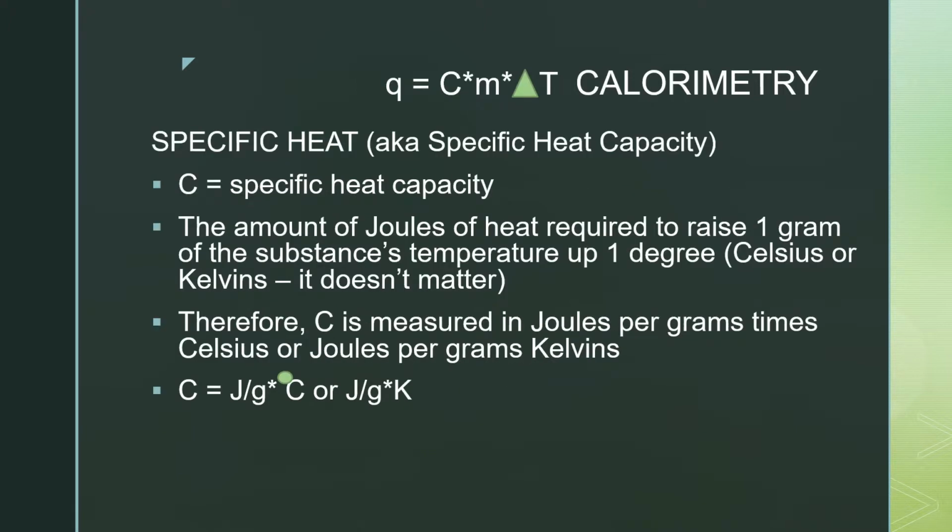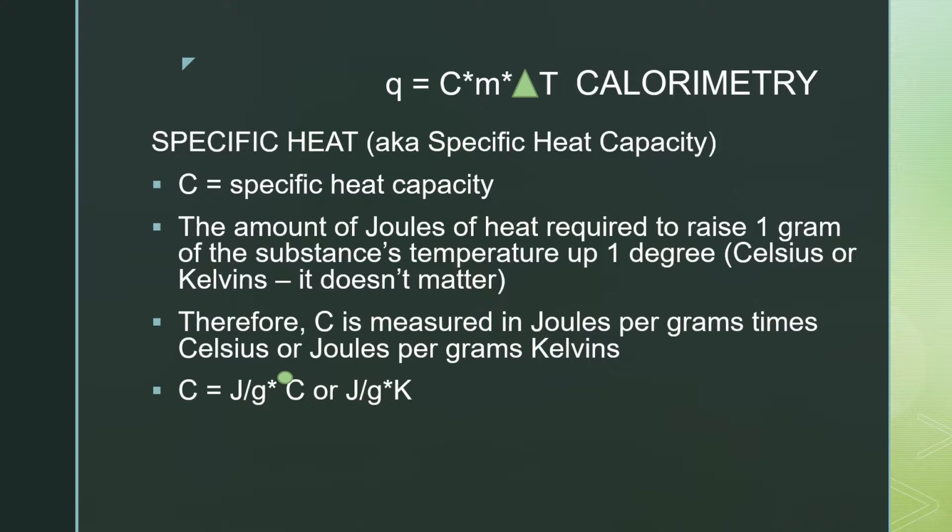Now C, capital C specifically, is the specific heat capacity. Just think capacity and capital C. So that's the specific heat capacity, and usually in the formula you are given that. You don't have to figure it out for yourself what the specific heat capacity is for that substance. You're just given that in the problem on your test.